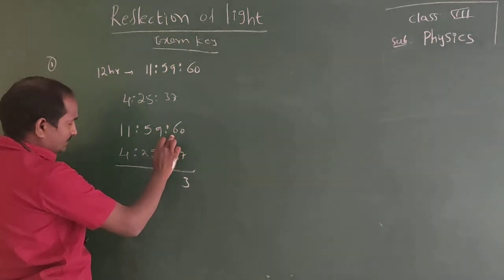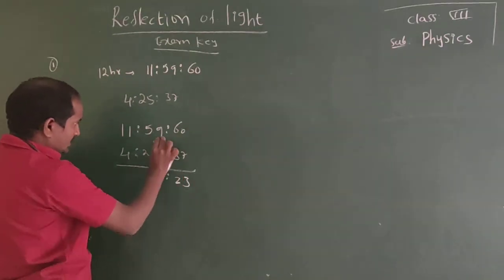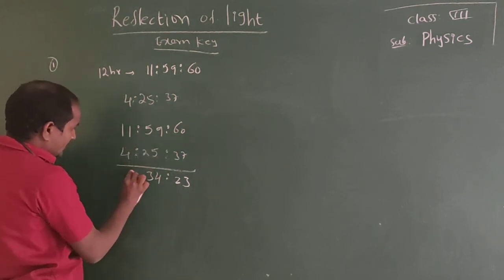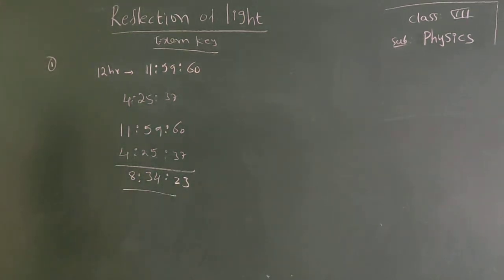Here the remaining value, 5 minus 3, 2. Here 4, 3, 8. So it is the answer, 8 hours, 34 minutes, 23 seconds. So option number B is the answer, I think. Okay. Next one. Second one.